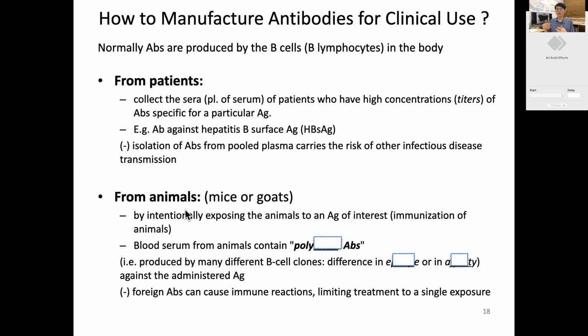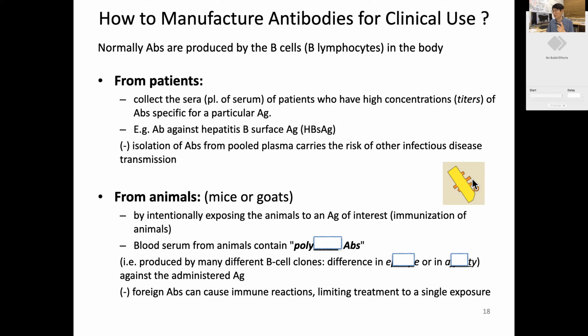And then we wait some time and we collect blood serum from that animal. Think about it: what kind of antibodies against this antigen will be collected? We have to consider the shape of this antigen. Let's say this is the hepatitis B virus. This virus will have different kinds of antigens, or epitopes.